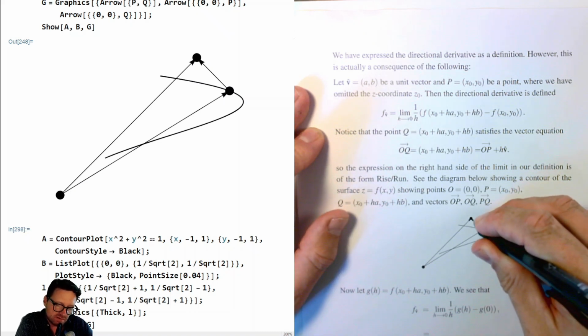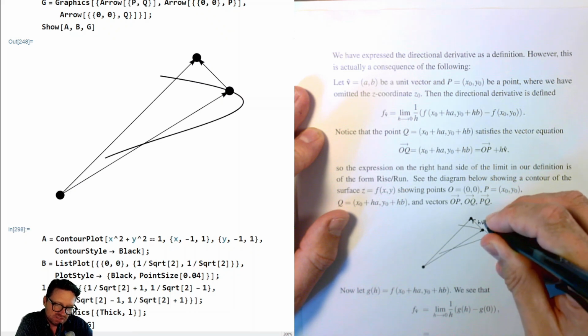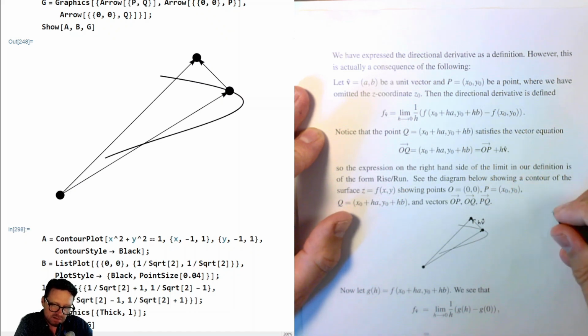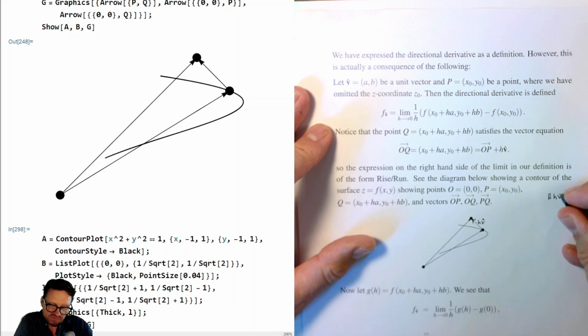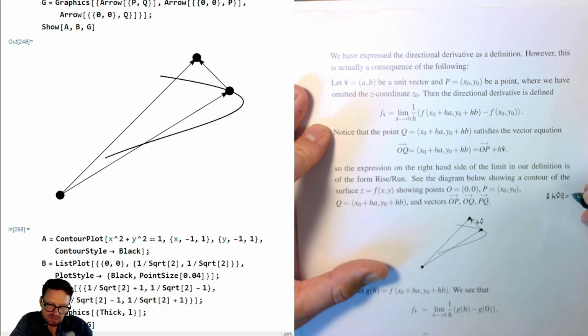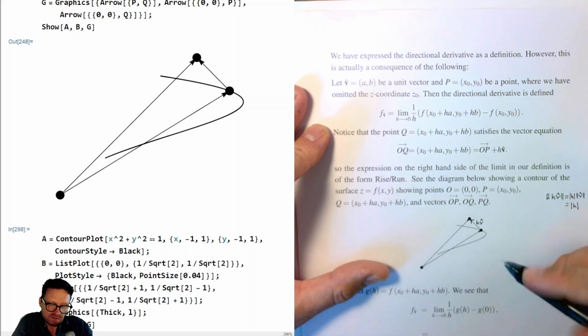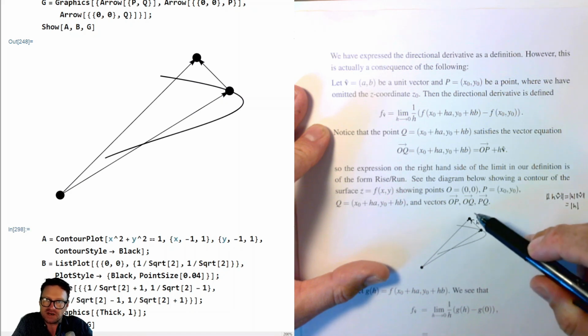This vector here is h times v hat, and we'll note that the norm, or the length, or the magnitude of this vector is the absolute value of h times the norm of v hat. But since the norm of v hat is 1, we just have the absolute value of h for the magnitude of this little vector right here.